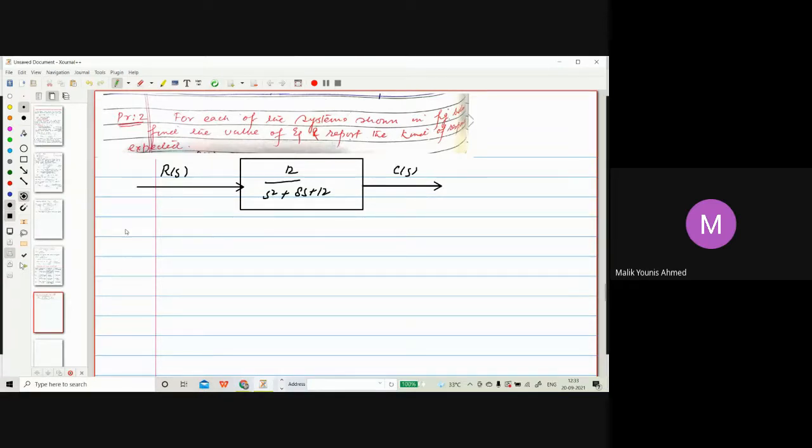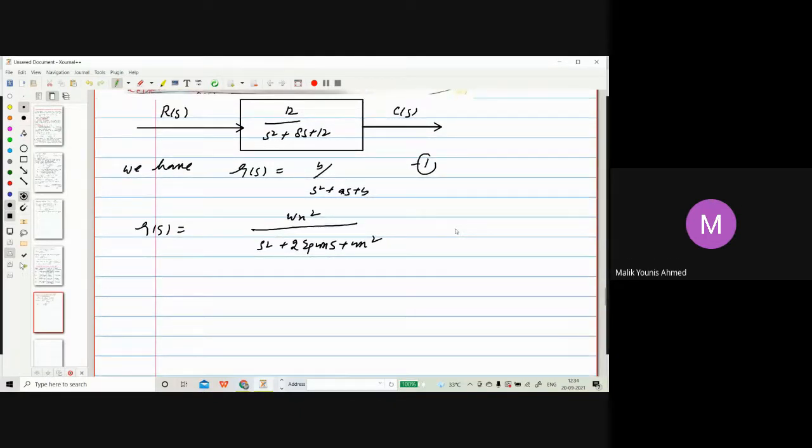Okay, now what we have here in the solution, we know in general it is s square plus as plus b. And then it was a general system, but we change it to a second order system. And then we have omega n square divided by s square plus 2 xi omega n s plus omega n square. Now you compare those two systems.